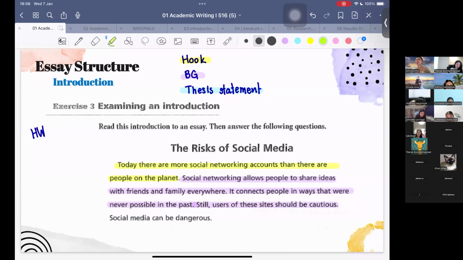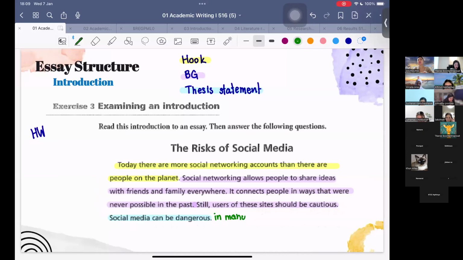And the last one, which is the thesis statement, the author wrote, social media can be dangerous. It's quite short, but some people might, to be a little bit clearer, add something like, social media can be dangerous in many ways. Technically, this can talk about in what way social media is dangerous.